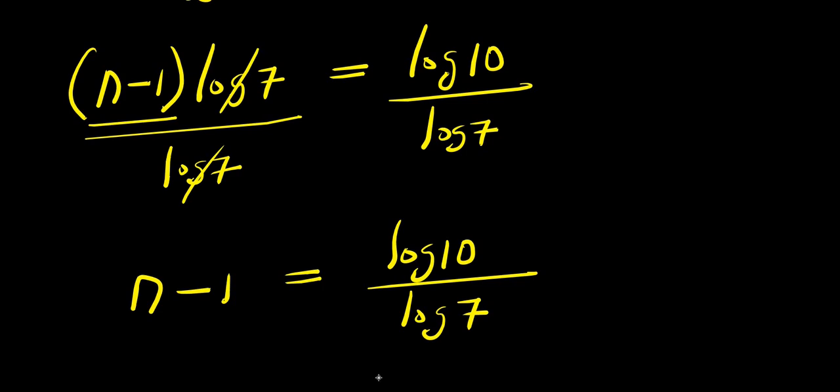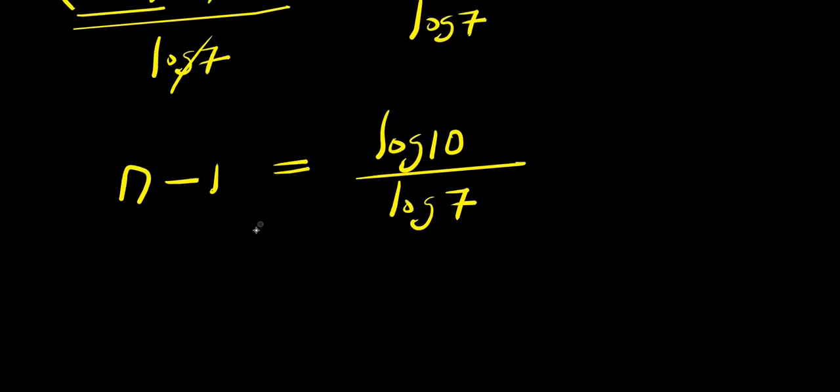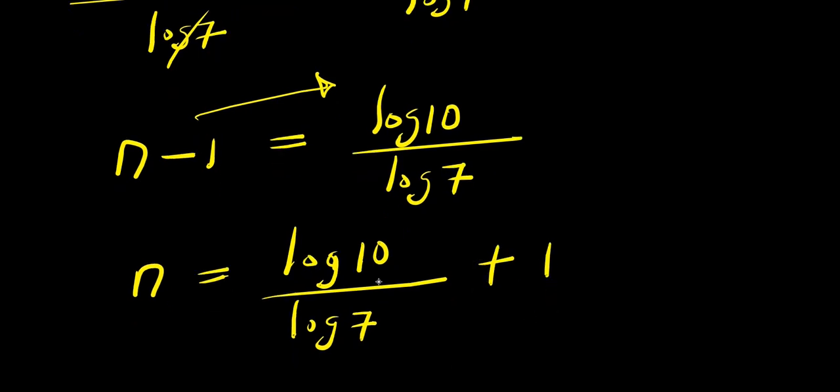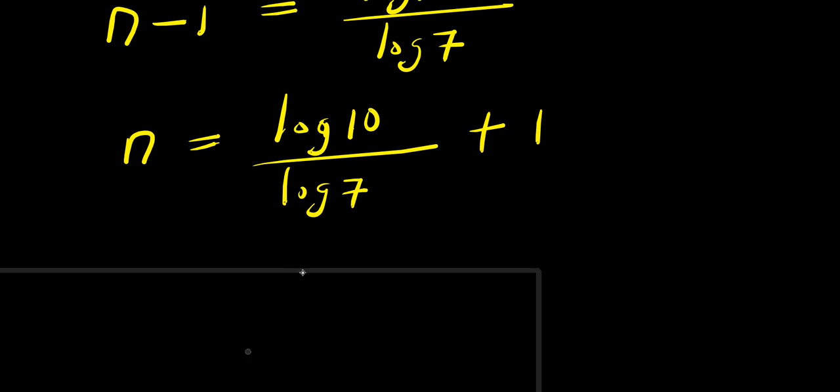So from here, what I can do is to move this negative 1 over here. So n equals log 10 divided by log 7 plus 1. And remember this identity.